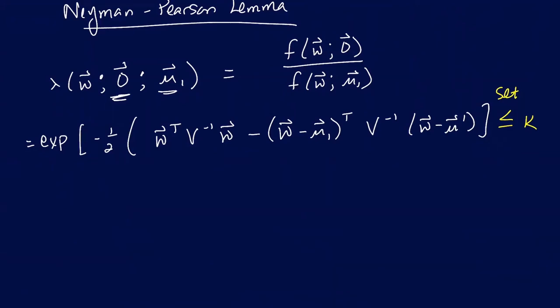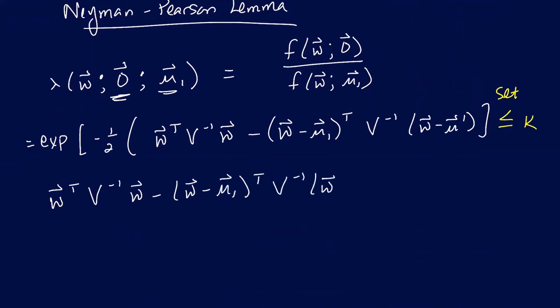So this line here is equivalent to W transpose V inverse W minus W minus mu1 vector transpose V inverse W minus mu1. Looks like I have a prime up above. Let me fix that. Vector.